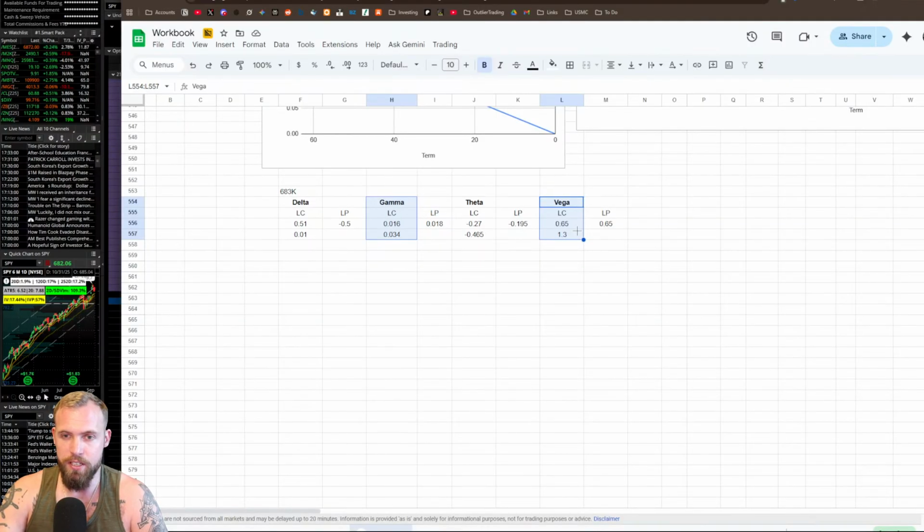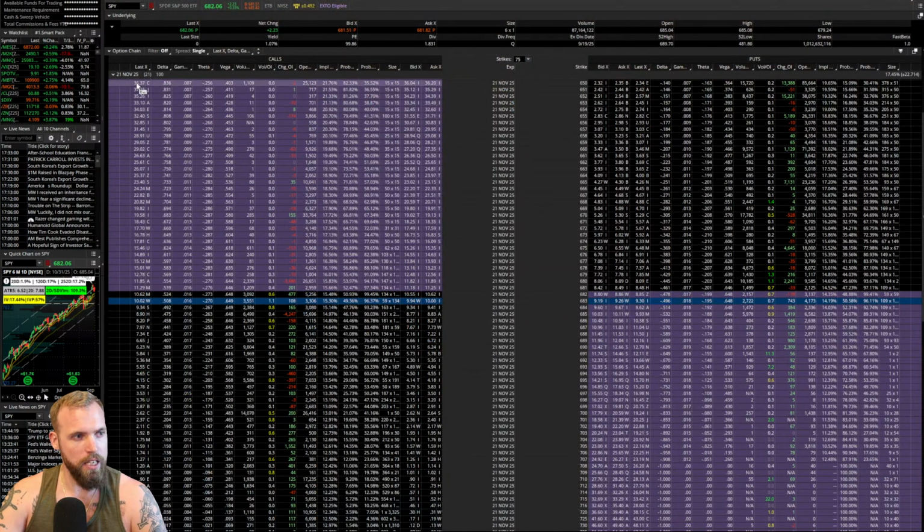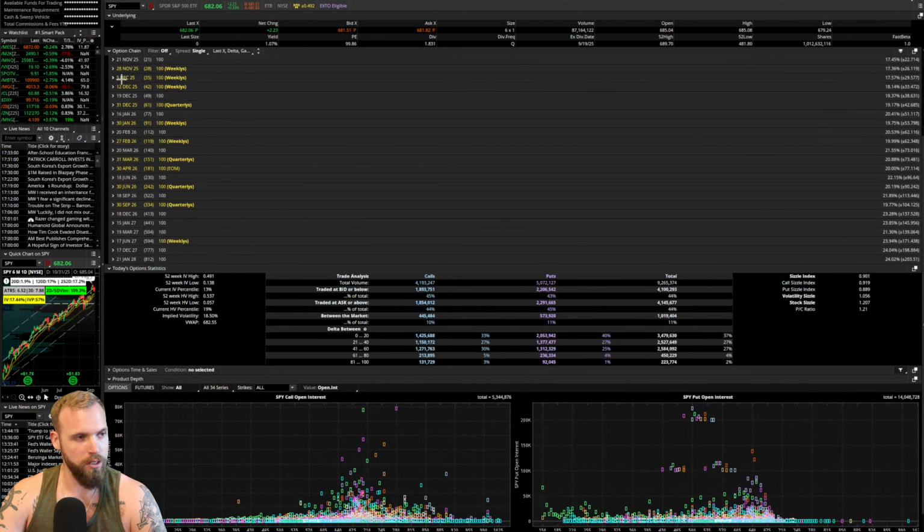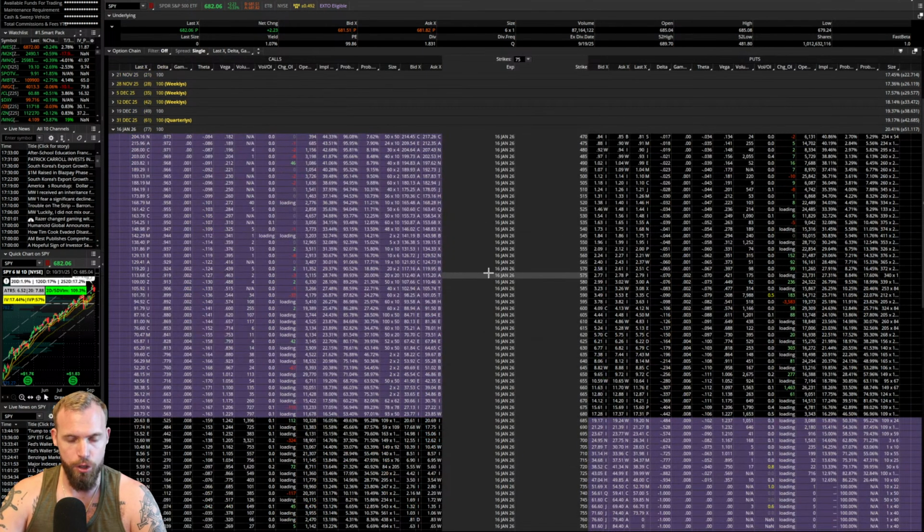So what this means is if I think S&P vol is going to go up and I buy this straddle, and let's say I do something logical and I say to myself, I want to give myself a little bit of time to be right. So even though I think the move might happen in 21 days, I'm going to go further out. I'm going to go out 77 days. I just want to give myself a little bit more time to be correct.